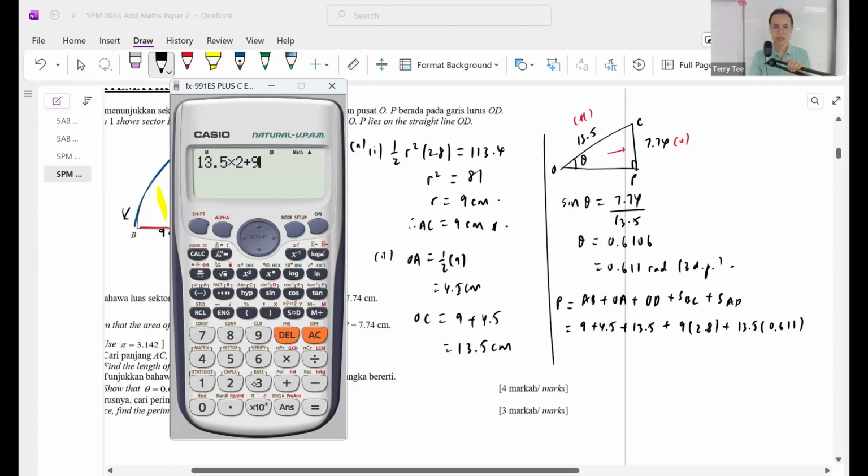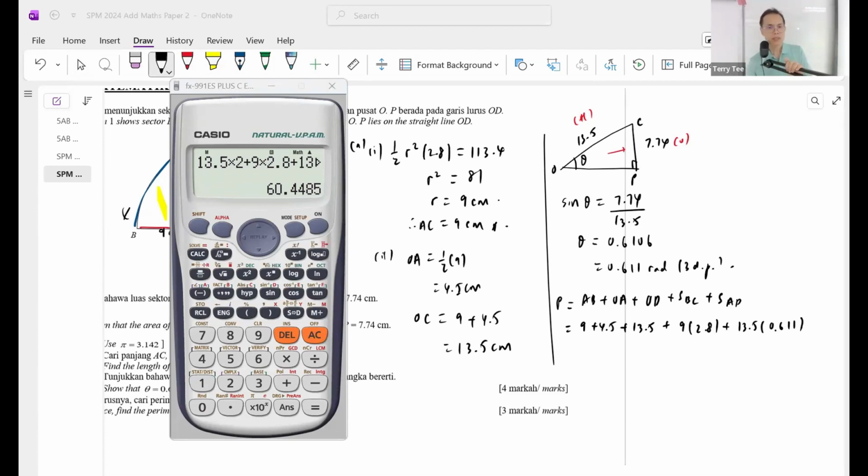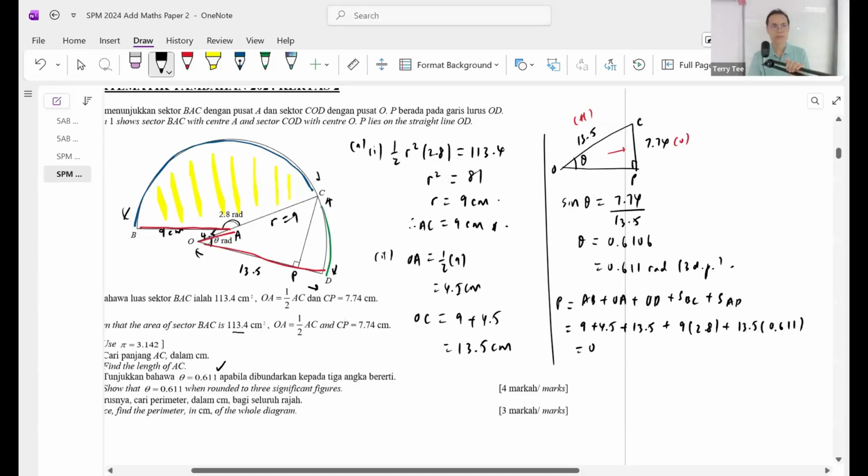Then I add 9 times 2.8 and I add 13.5 times 0.611. You should get 60.45. Now you might get a slightly different answer depending whether you use one more decimal point or not. I think 60.45 is good enough.